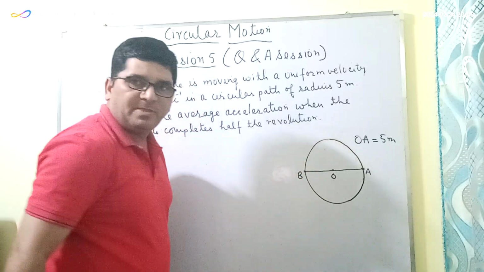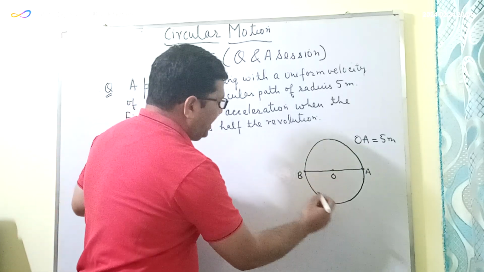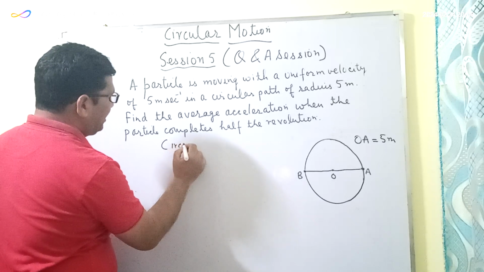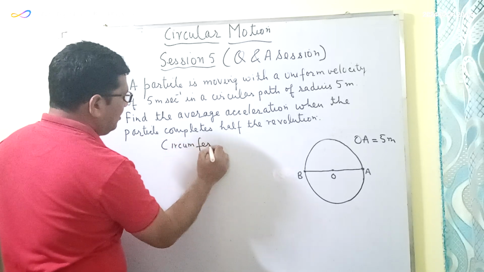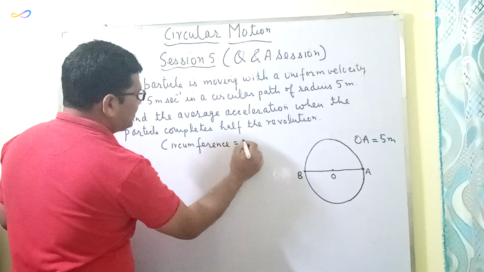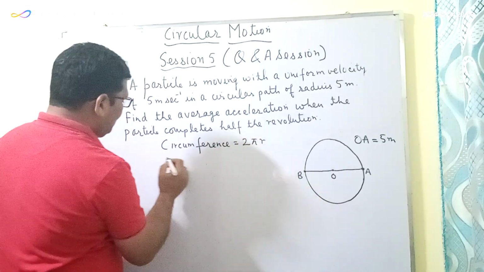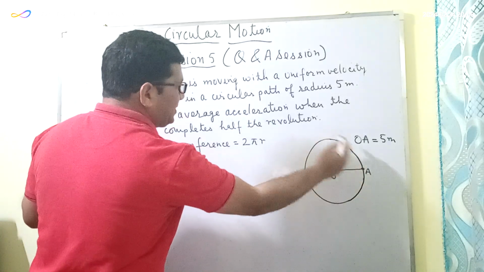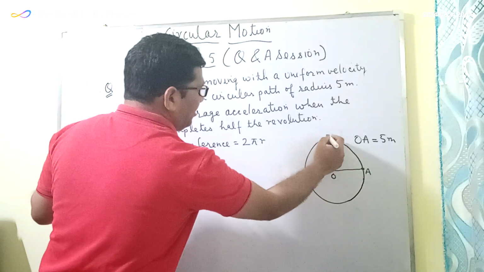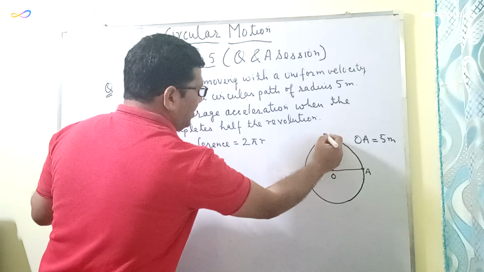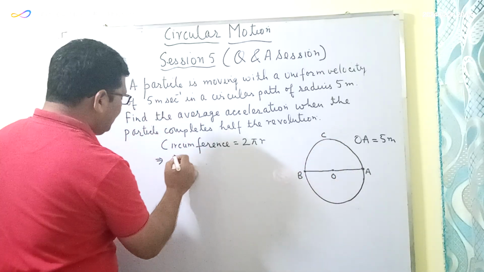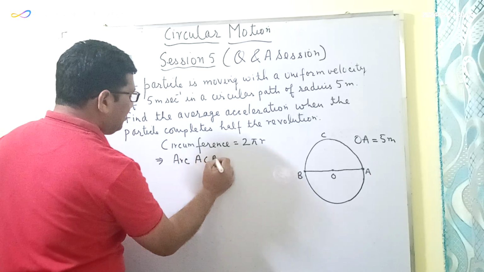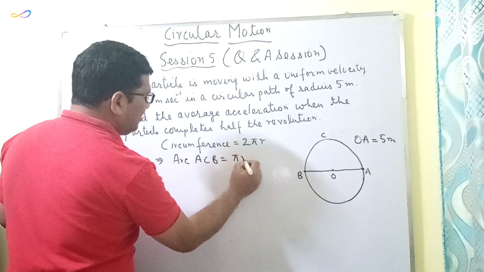along this diameter. So we know that the circumference of the circle is given by 2 pi r. So the length of this arc, say I am taking this point as C, the length of this arc ACB will be equal to pi r.